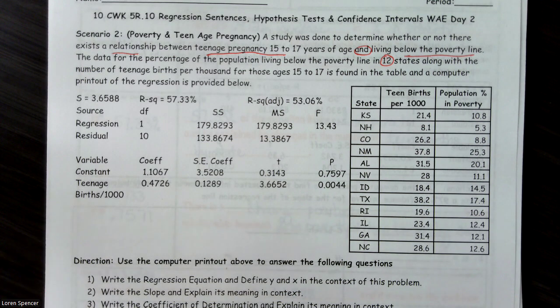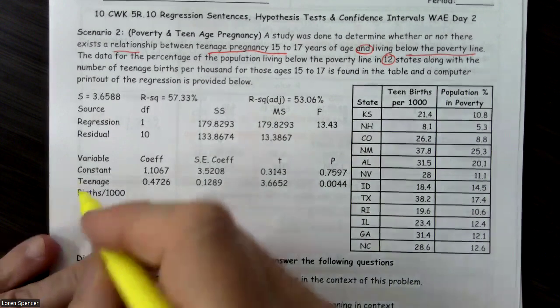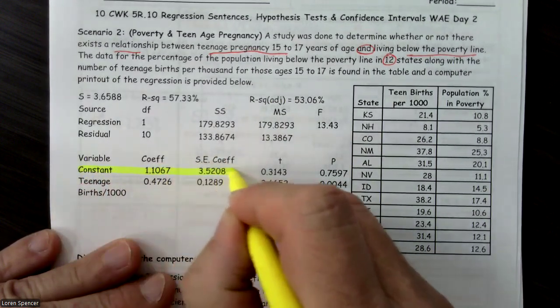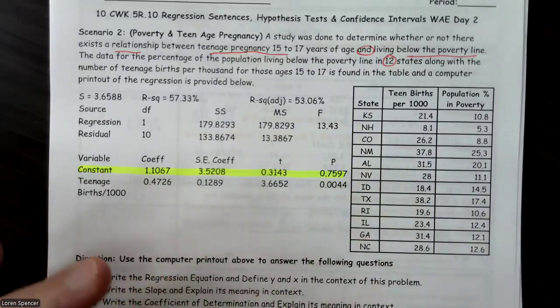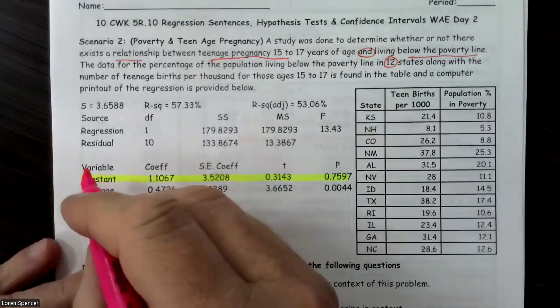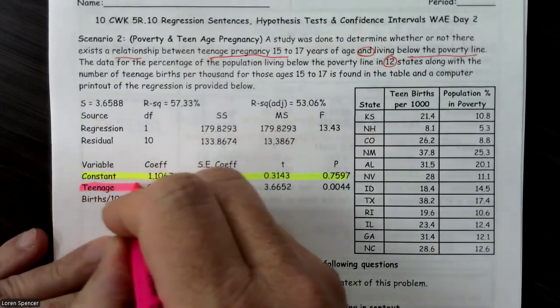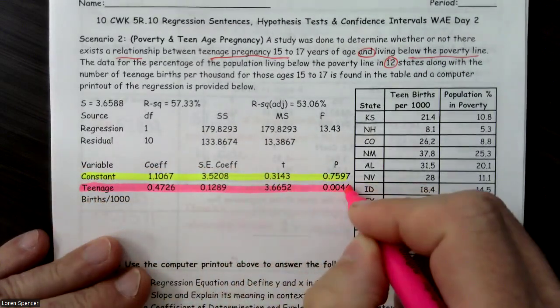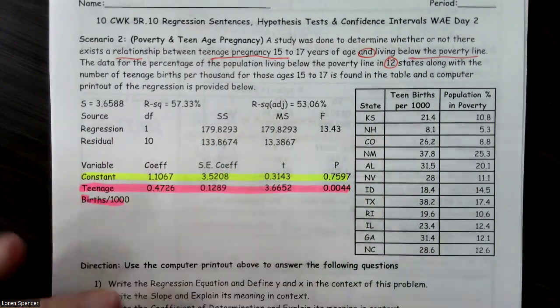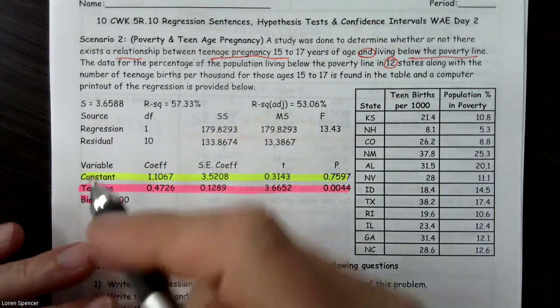Well, I'm going to start off by saying, let's go ahead and mark the important row. There's our y-intercept row. That tells us how to find our slope row. Our slope row is always going to be directly below it. And we also know that teenage births per 1,000 is our x variable.